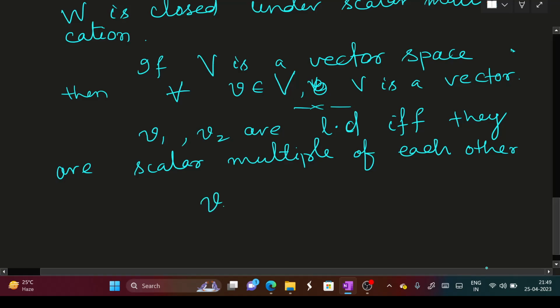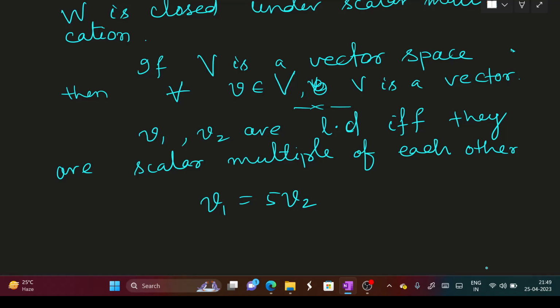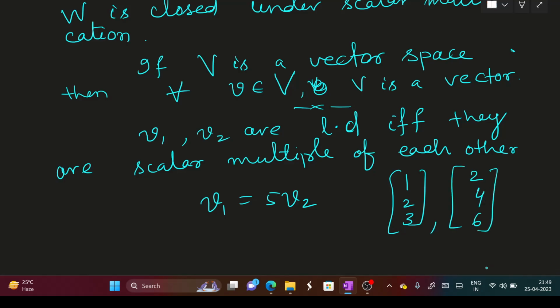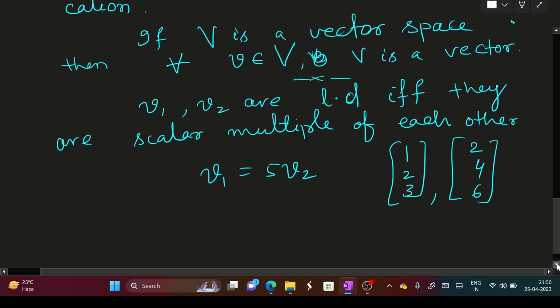Suppose V1 is equal to 5V2. So if I change my V2, automatically V1 will change. That is, V1 is depending on V2. Similarly, V2 is equal to 1 by 5 V1. So if I change my V1, then V2 will change. For example, (1, 2, 3) and (2, 4, 6) are two linearly dependent vectors, because the first vector times 2 gives me the second vector.